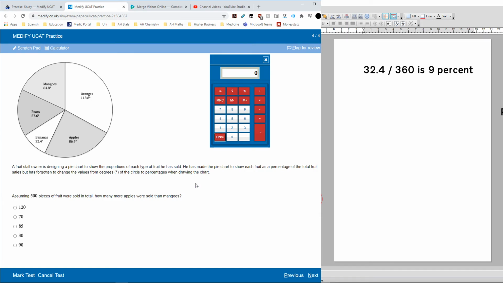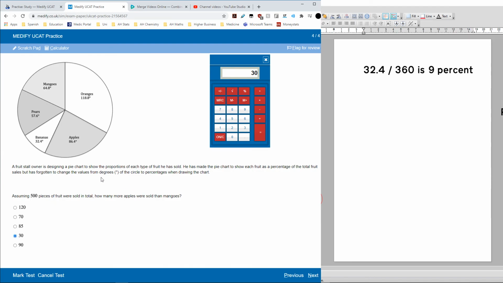So you can work out both of them separately and do it like that, but a quick little life hack for you is to do 86.4, the number of degrees of apples, take away 64.8. That gives us the more degrees that apples has over mangoes. Now we convert this into a percentage, dividing it by 360, that's 6%. 6% of 500, 30. That's our little life hack.